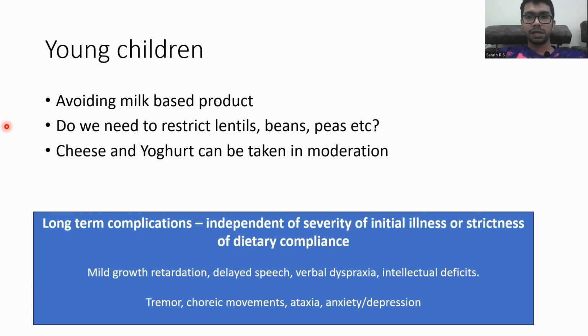The long-term outcomes have been comparable in both the groups. So we don't need to avoid vegetables, and any diet in which the average concentration of galactose is less than 25 mg per 100 gram of that diet can be consumed. That is, a minimal level of galactose is okay for the body. Cheese and yogurt can be taken.